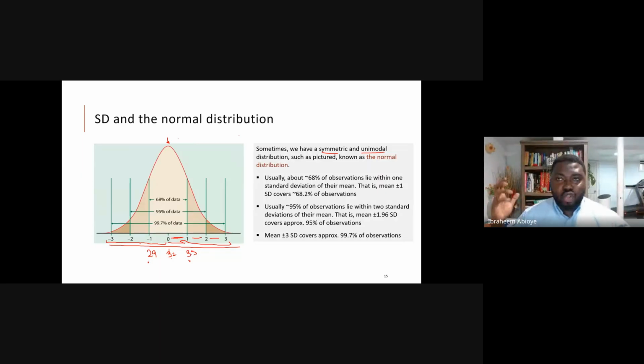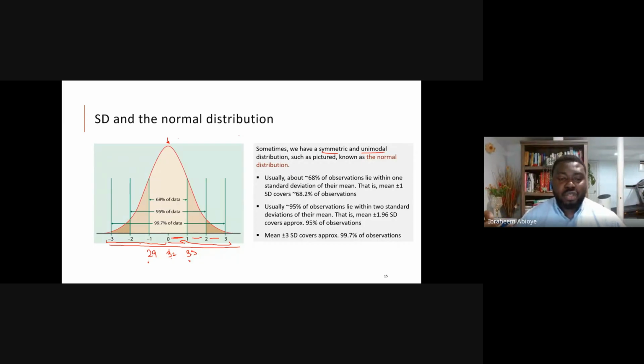It's akin to what we saw with the median and interquartile range, where we said that the majority of the data lies between the 25th percentile and the 75th percentile. But here, because the data is normally distributed, we're not stuck with the interquartile range.